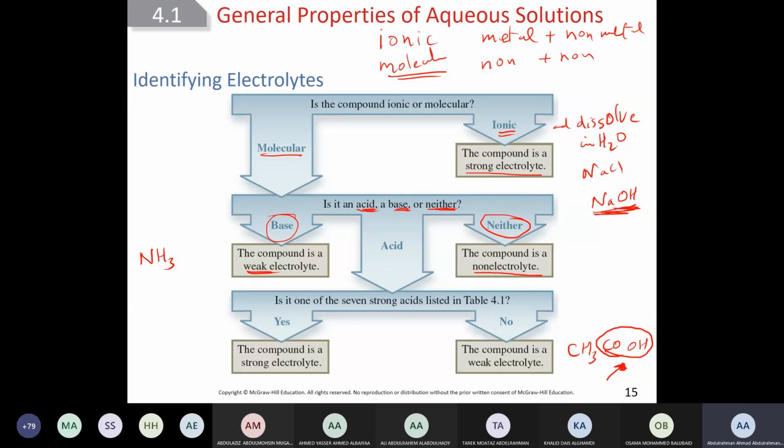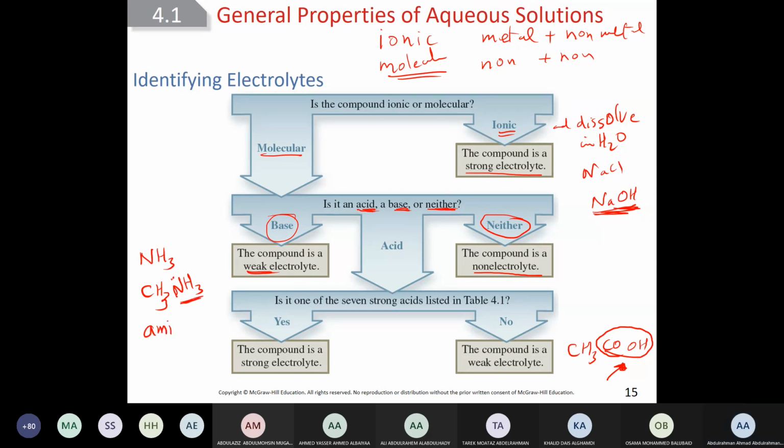Anything that contains nitrogen, like NH3 or NH2, what is this group called in chapter 2?